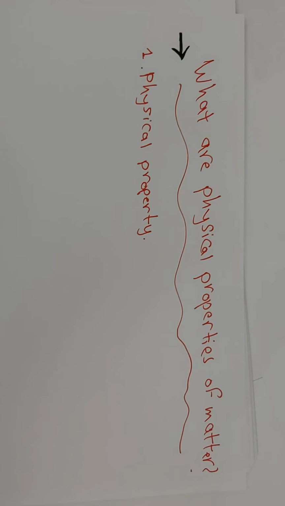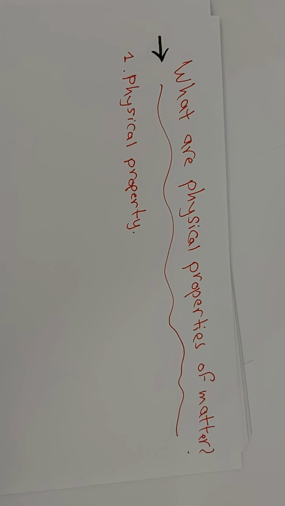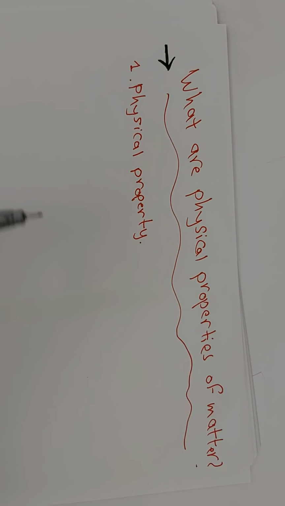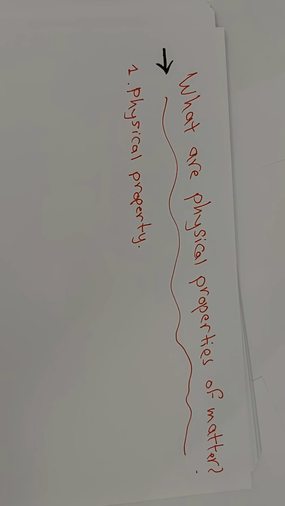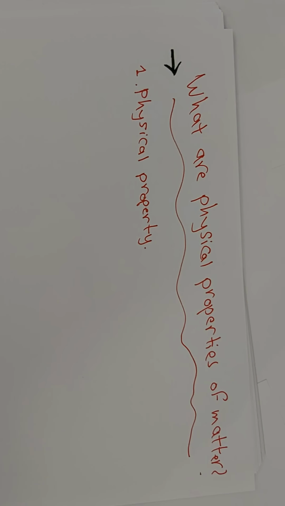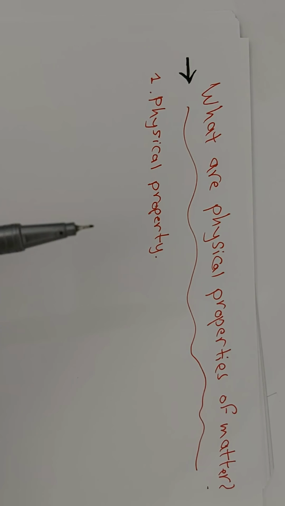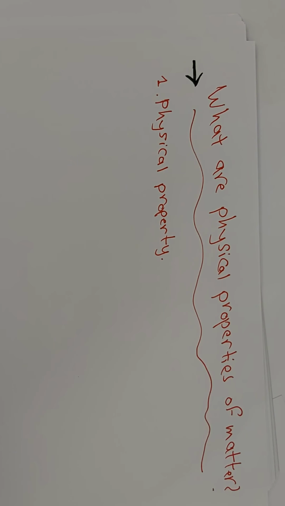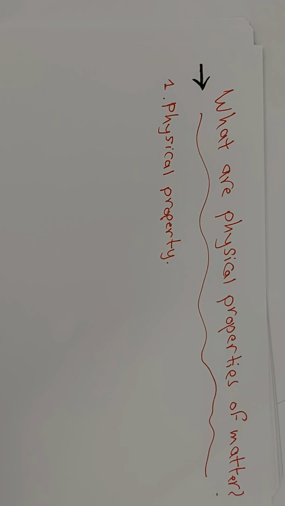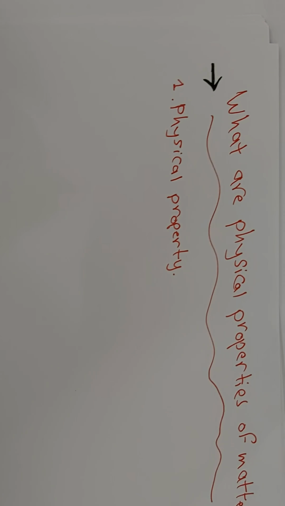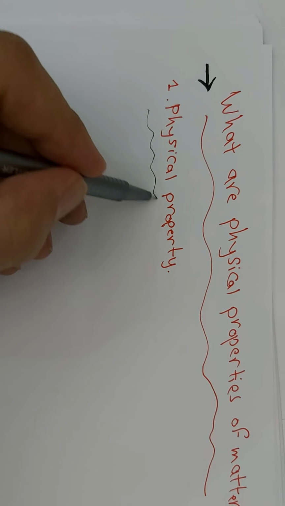So, last period we began with the first lesson in Unit 7, titled What are Physical Properties of Matter? We began with physical property, and we said a physical property is a characteristic of matter that we can observe or measure directly.